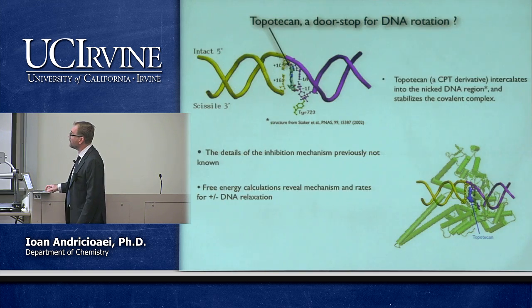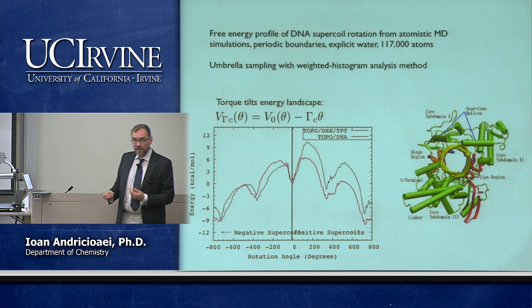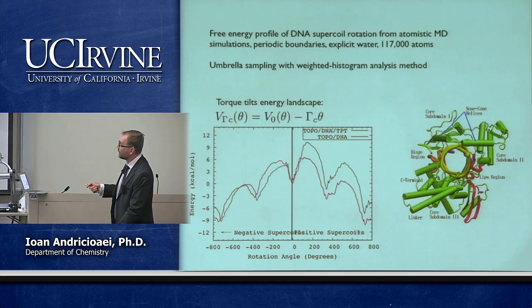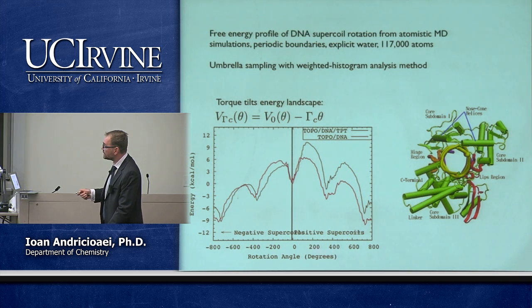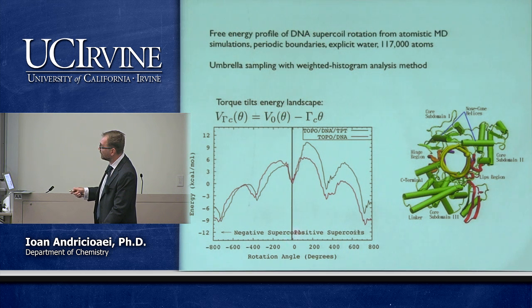And so with kinetics in hand and the calculation of this free energy profile, we can compare simulation and experiment. Plotted here is the free energy profile on the ordinate versus the rotation angle on the abscissa. So you see here 0, 180, 360. This is a complete rotation. You see minima at multiples of 2 pi, and you see barriers at multiples of pi.